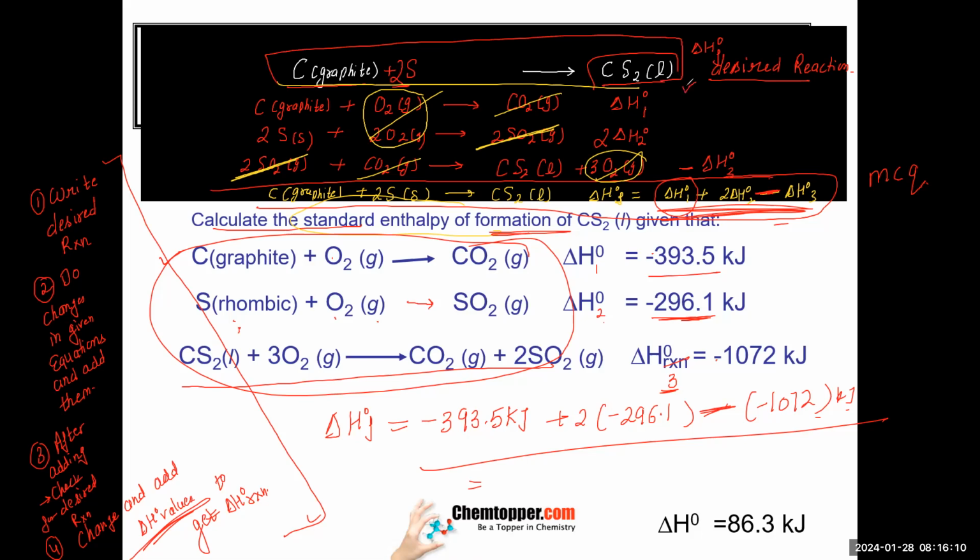We made the equation. So this can happen with you in the exam. They will not give you the desired equation. They will give you information. Then you have to write your desired equation. Then whatever equations are given, do the changes so that when you add them, you get your desired equation, and accordingly change your delta H. Ready for first question?